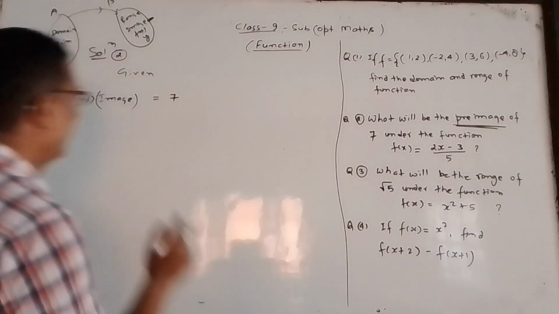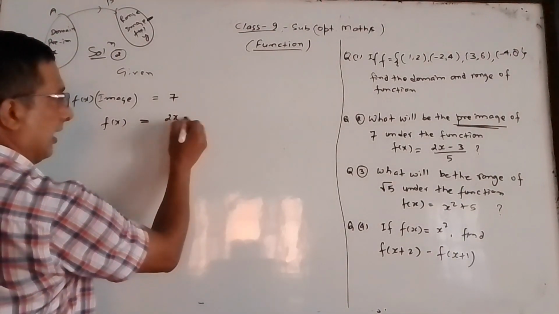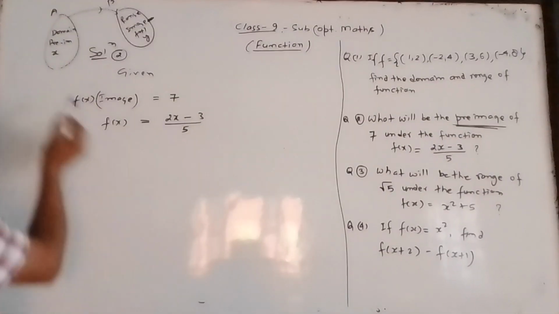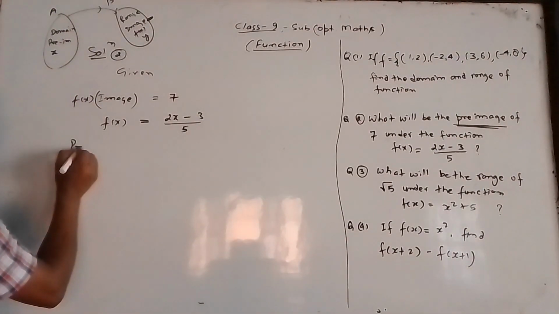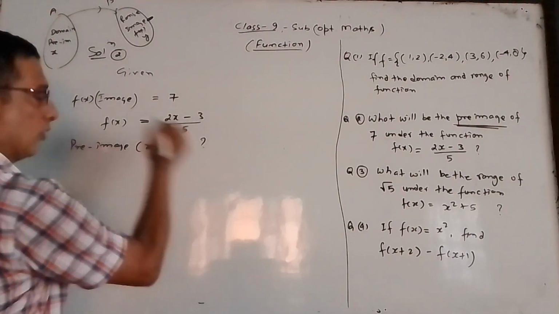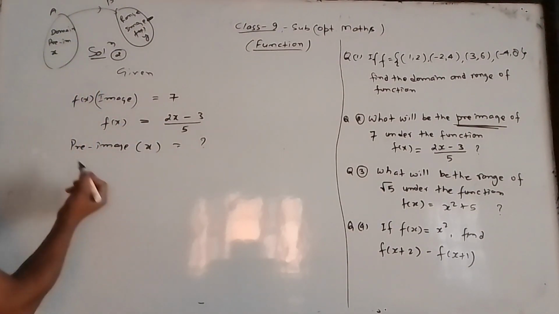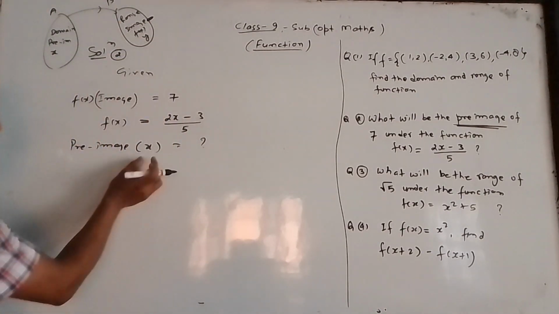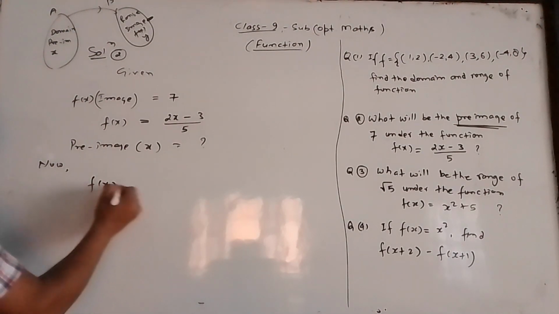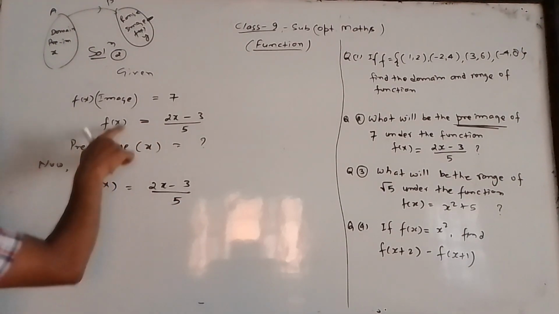And f(x) is equal to (2x - 3)/5. And what is being asked? Pre-image, it means the value of x. Is that clear? Image is given, it means f(x) is given, and pre-image is asked, it means x is the question mark. So now f(x) is (2x - 3)/5 and f(x) is equal to 7.